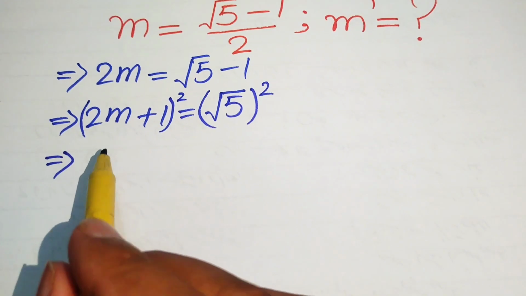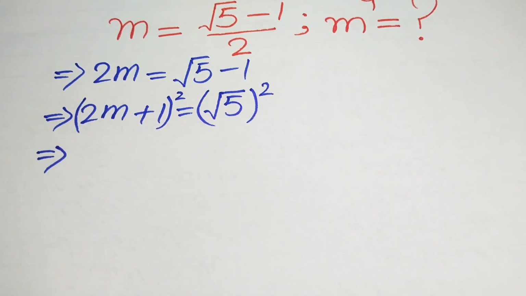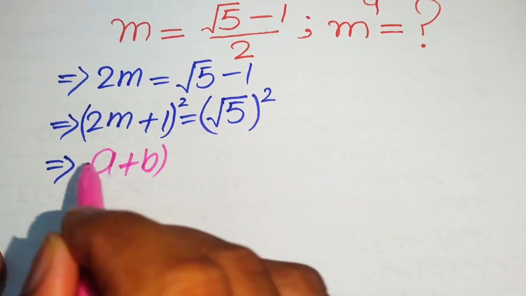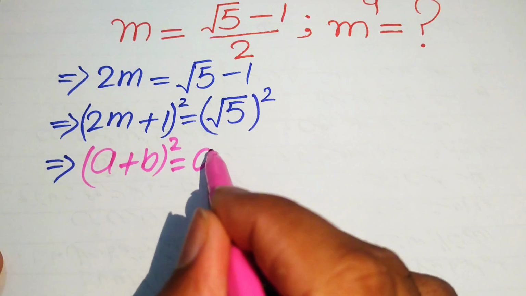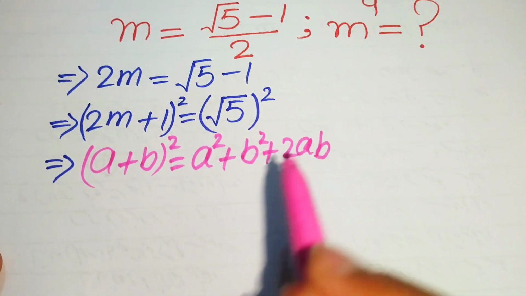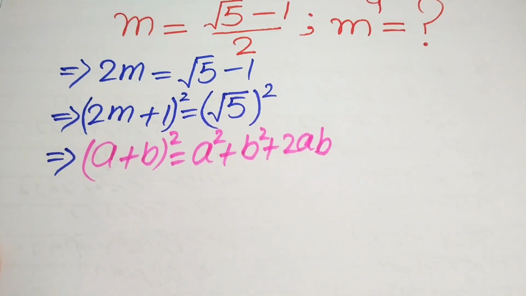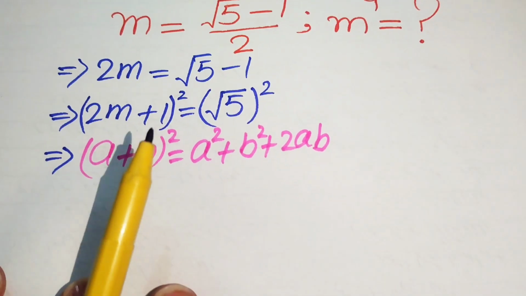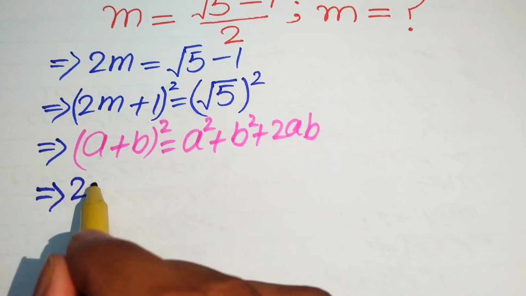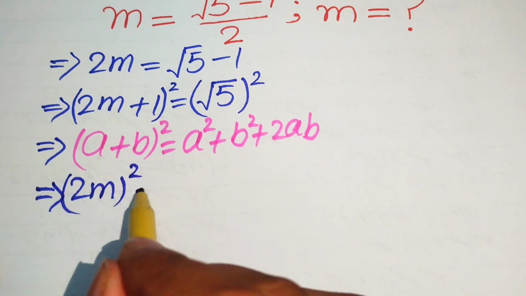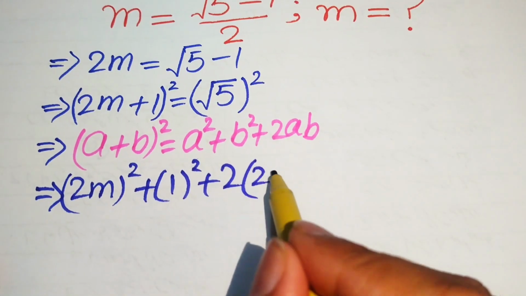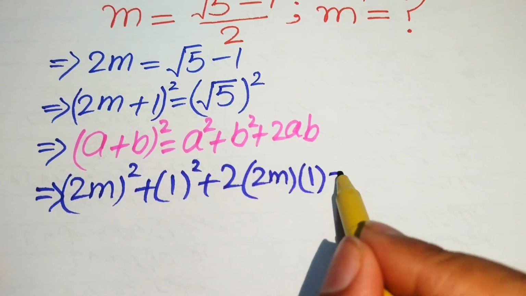Now in the left hand side we use the square identity, and you know about this identity: (a plus b) whole square equals a square plus b square plus 2ab. So we use this formula, and the above term will be written as (2m) whole square plus 1 square plus 2ab, where a is 2m and b is 1.